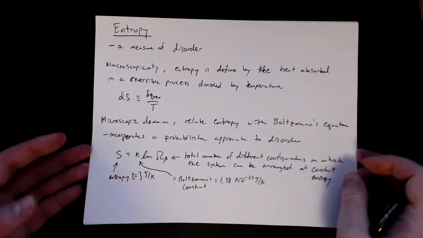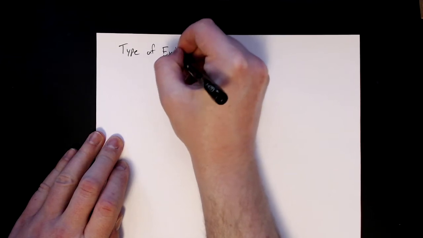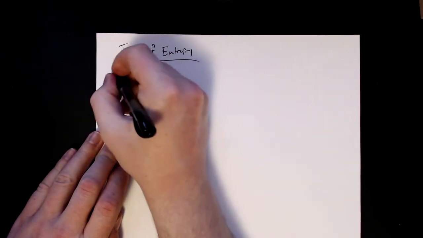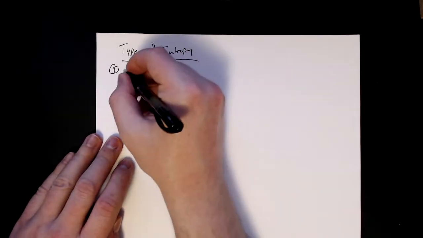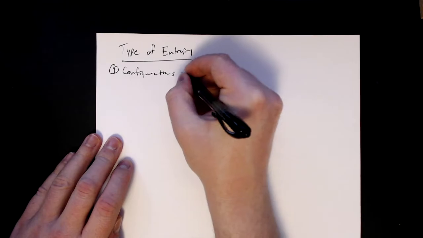But first, what I want to do is just go over entropy and the different types that we can have, because there's not just one type of entropy. So the first that we look at is called configurational.